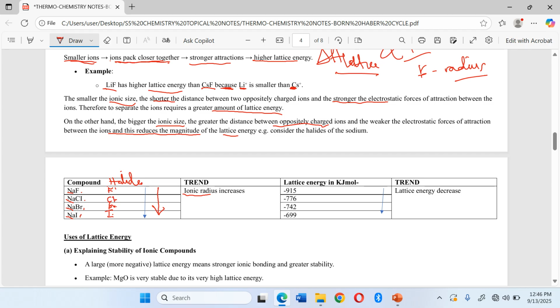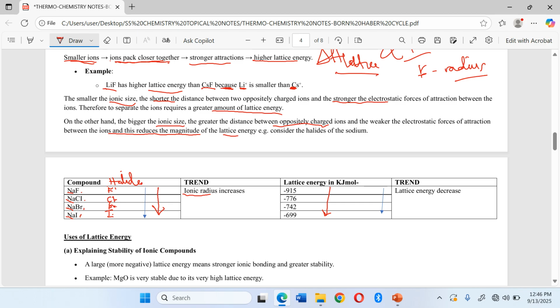While the lattice energy, what happens to the lattice energy? The lattice energy is decreasing, because we say the bigger the ionic size, the weaker the electrostatic force of attraction, and thus they require much less energy.